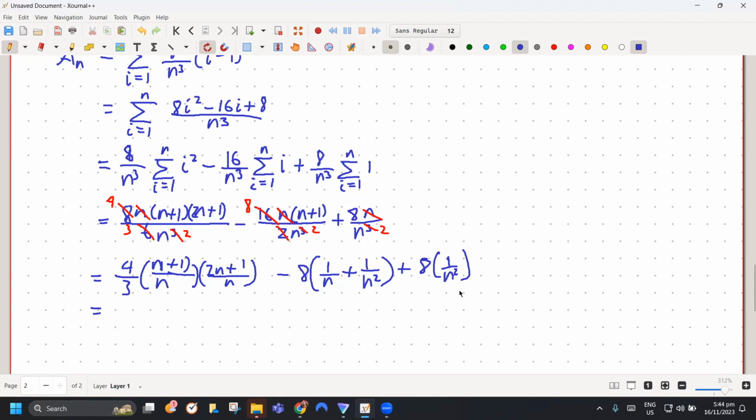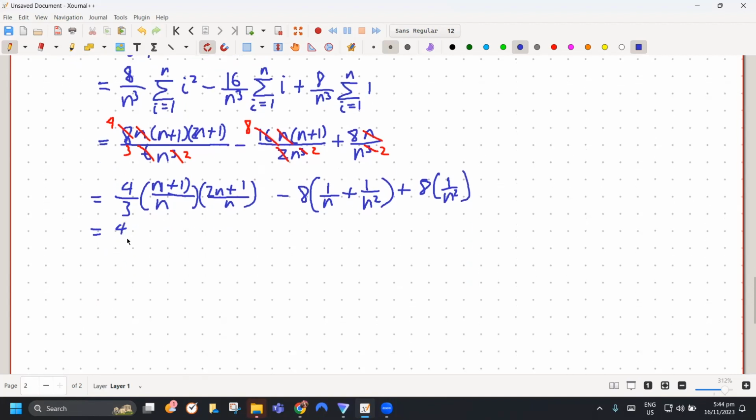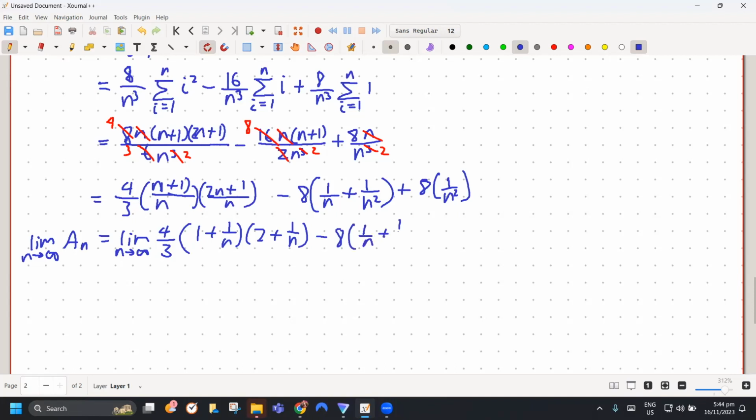Pag limit, para 0 naman din. This is 1 plus 1 over n. Limit ko na. Teka, pag ginawa mo yung limit, n approaches infinity, 1 over n plus 1 over n square.